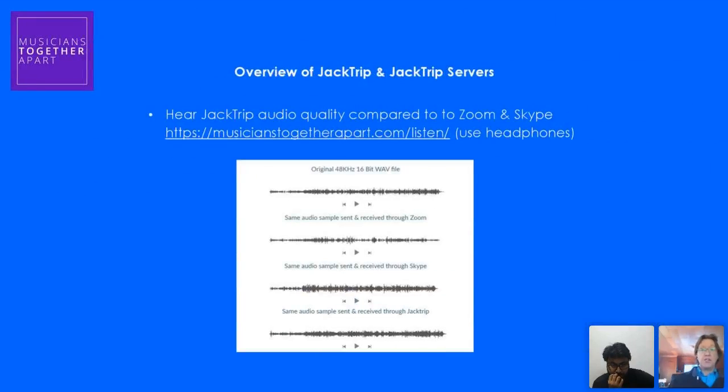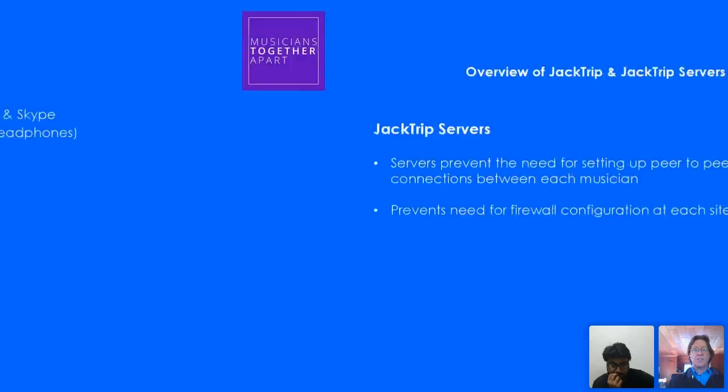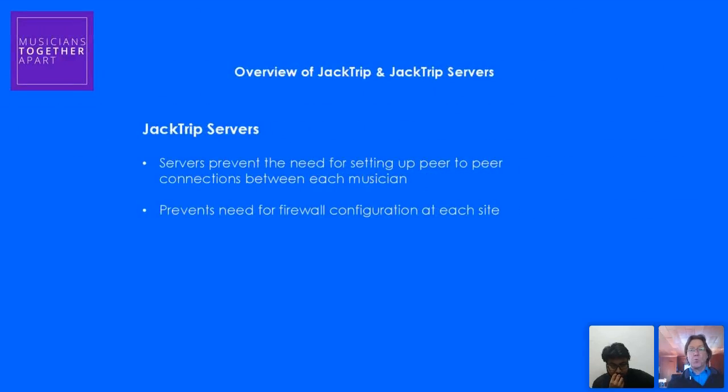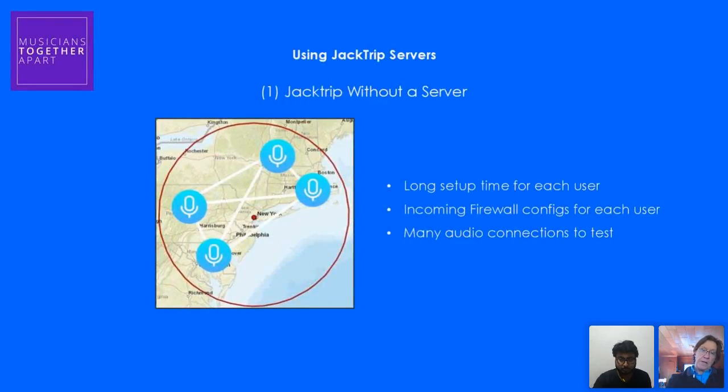Also on our listen page, you can compare the sound quality of compressed audio compared to JackTrip. And just FYI, the servers that we set up are there to make it easier to connect, partly for a better user interface, but also to avoid firewall configurations, which end up happening if you have a big set of people that need to connect to each other.